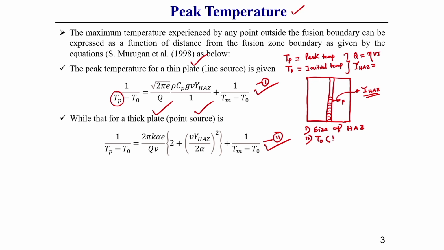This is sometimes also called preheat temperature if we use preheating. This equation can also provide the effect of Q, the net heat input, on the heat affected zone size, which I will also discuss a little bit.